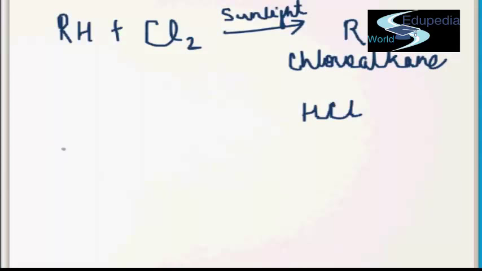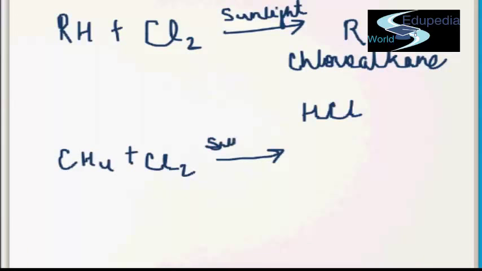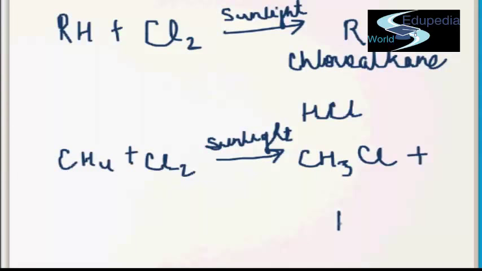Suppose methane is there, CH4 plus Cl2 in the presence of sunlight will form CH3Cl along with HCl. CH3Cl is chloromethane.